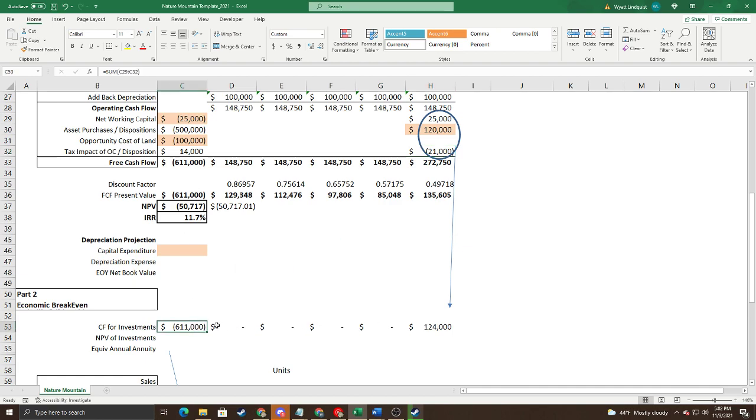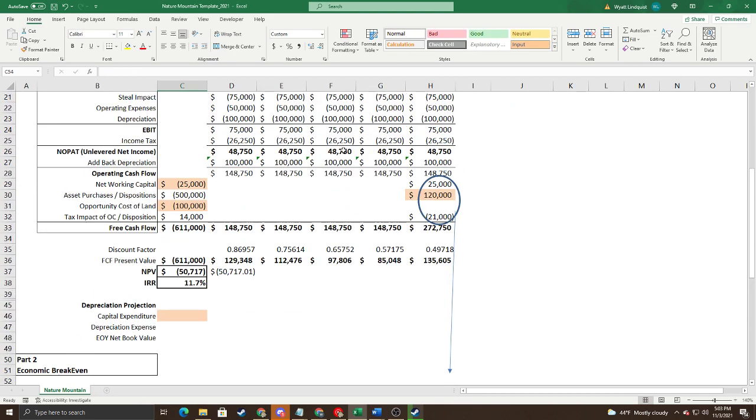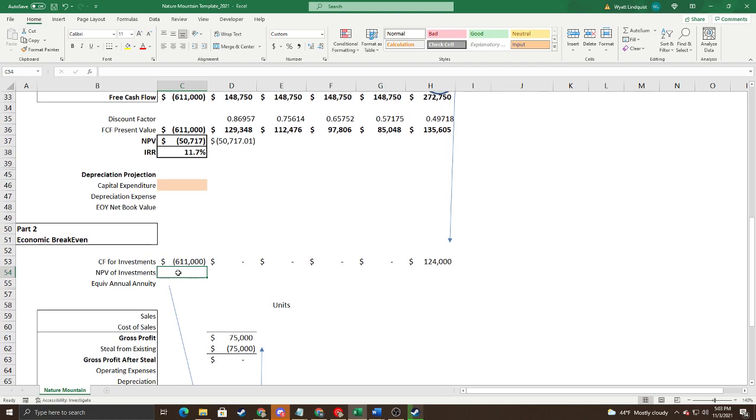So if we invest in this product, we would need to have spent $611,000 in year zero for the investments, and then we would get back $124,000 in year 5. So this is just the investment, not accounting for any of these growth, these other items on our balance sheet.